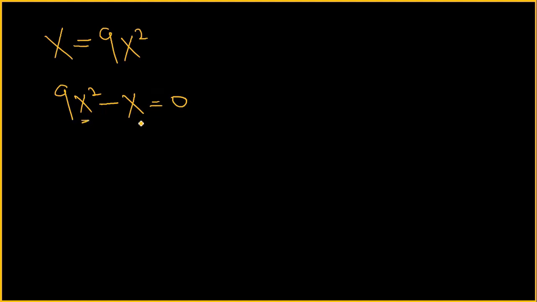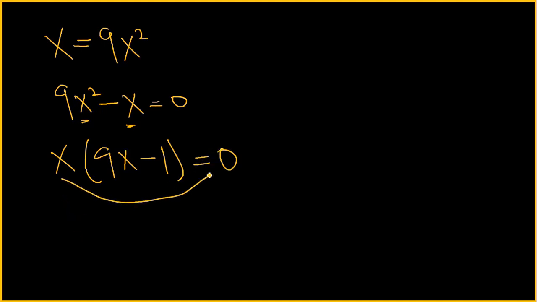So x can be factored out. And what we have inside, we have 9x minus 1 is equal to 0. So we have x equals 0 as one of the answers. x equals 0. And we also have 9x minus 1 equals 0.